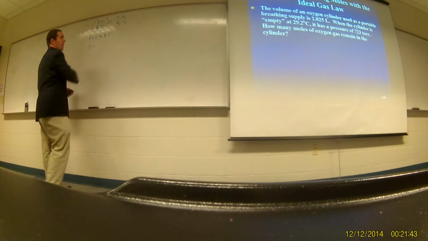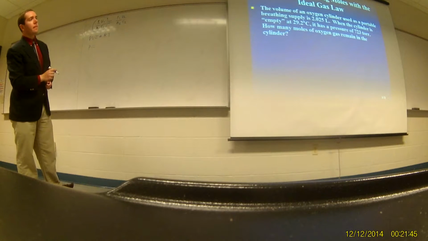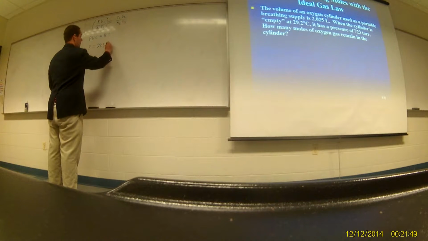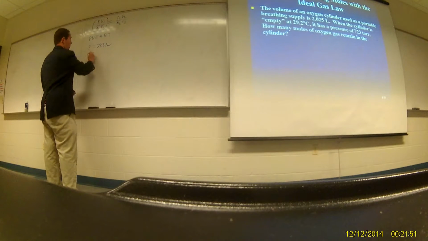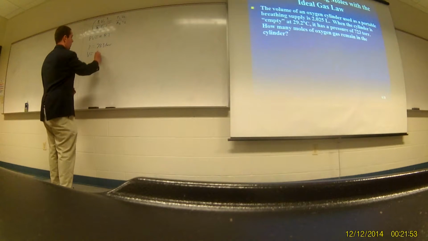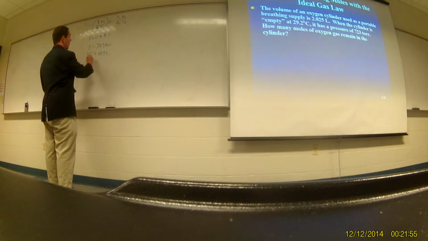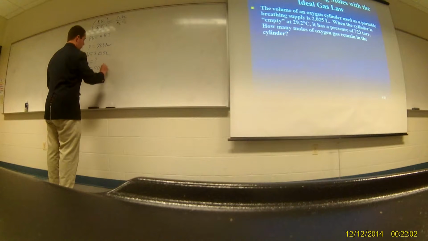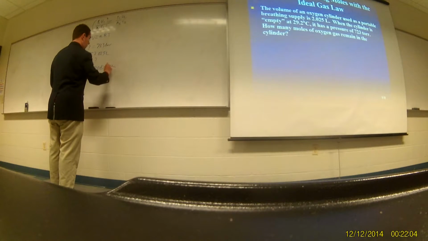So pressure is what? 723 torr. Volume is 2.025 liters. n is unknown. R is 0.0821 liter atmospheres per mole Kelvin.